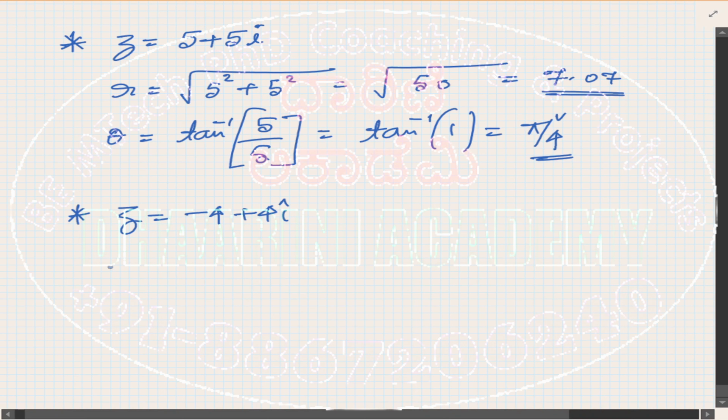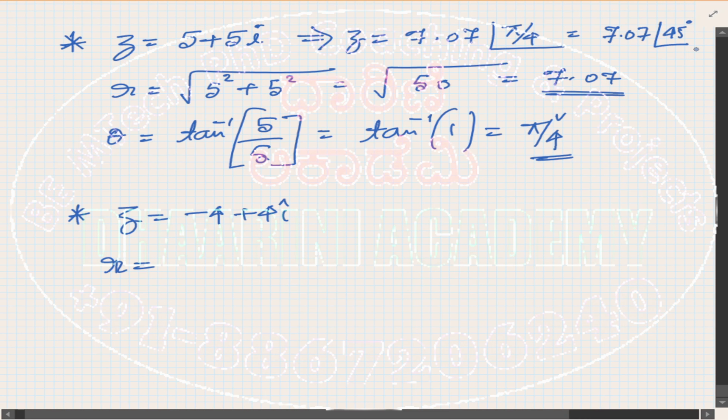But first, the previous answer we will write in the format required. The same z I can write as 7.07 angle pi by 4, or you can even write it in degrees, no problem, 7.07 angle 45 degrees. These are the correct answers for the conversion of x plus iy into r angle theta.